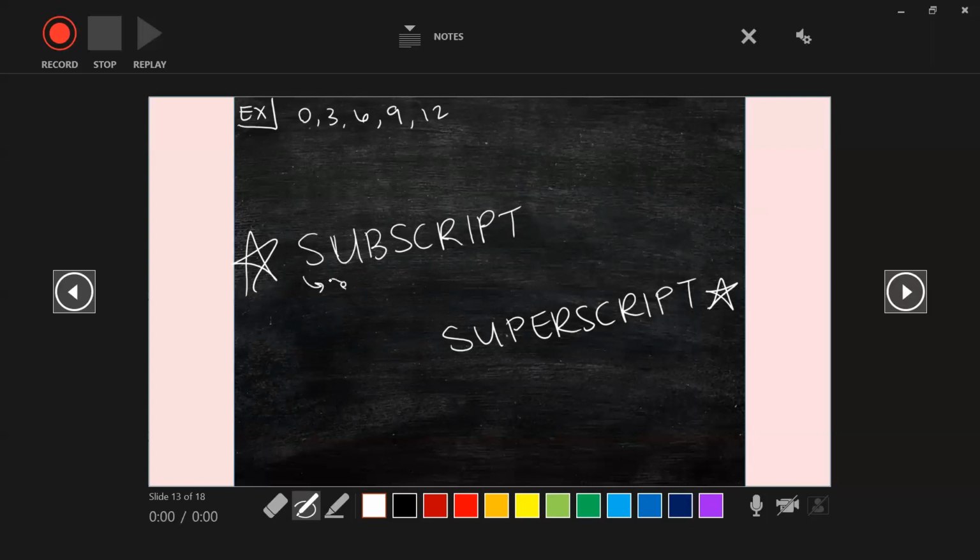Subscript you can think of like a little submarine. It goes below, and it's read A sub n.